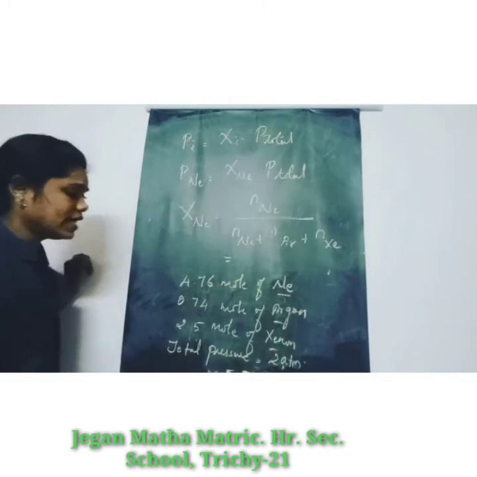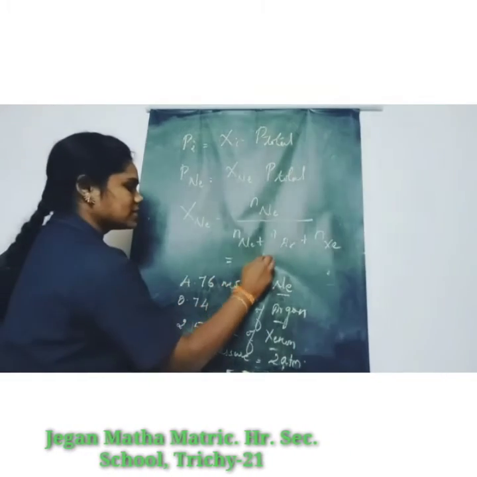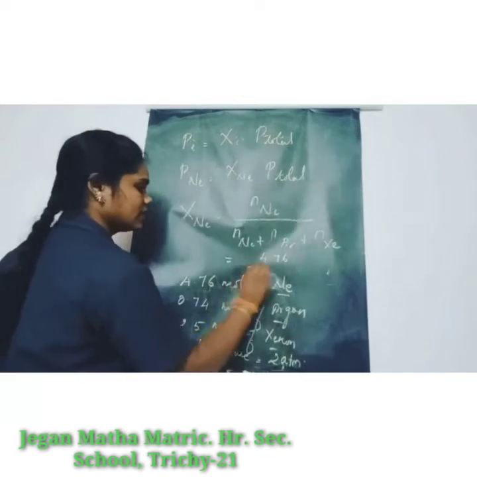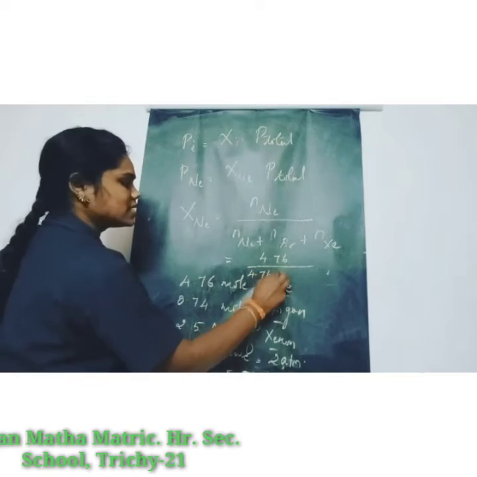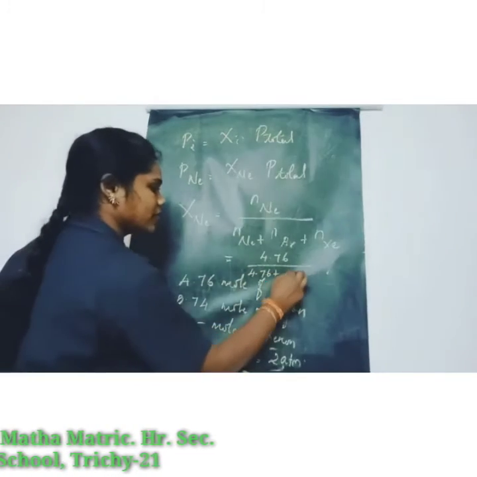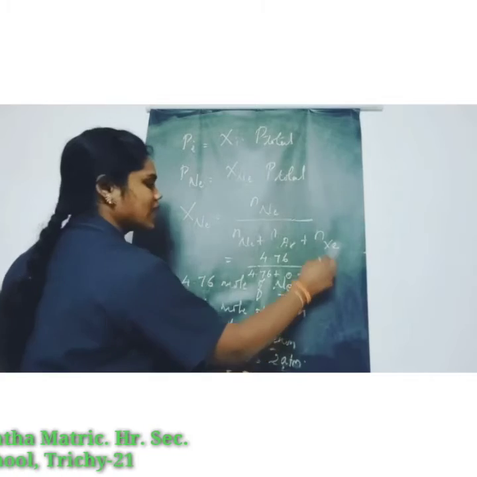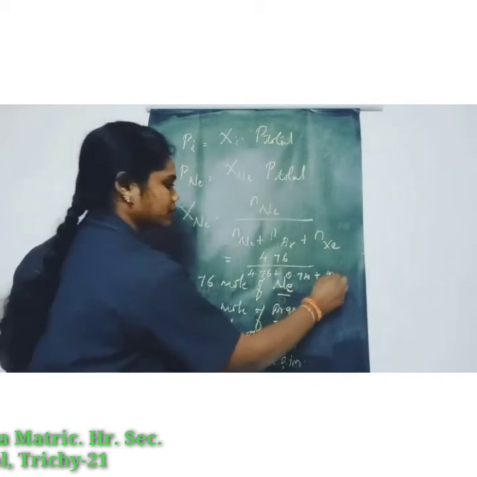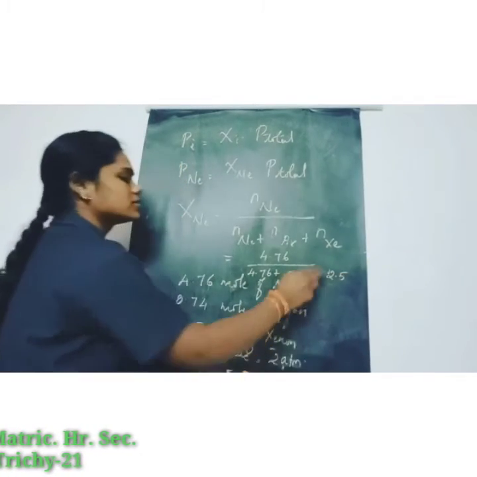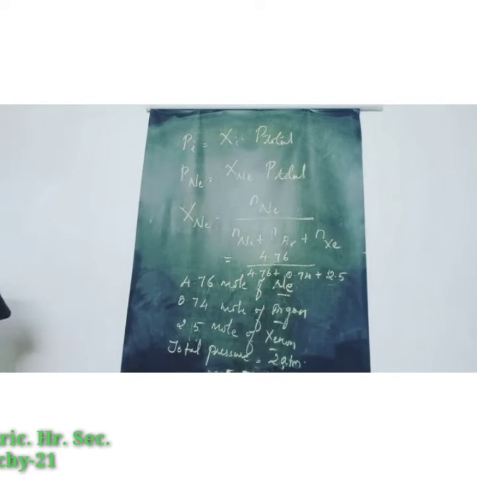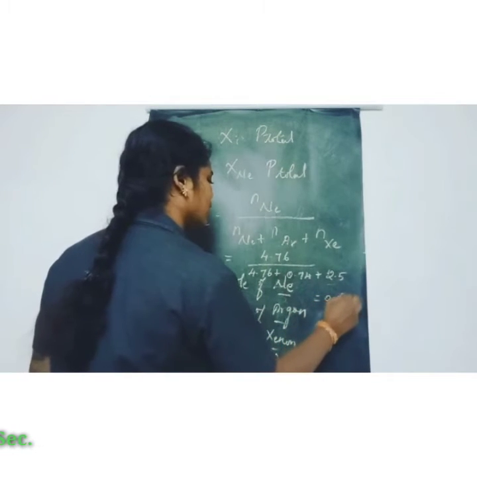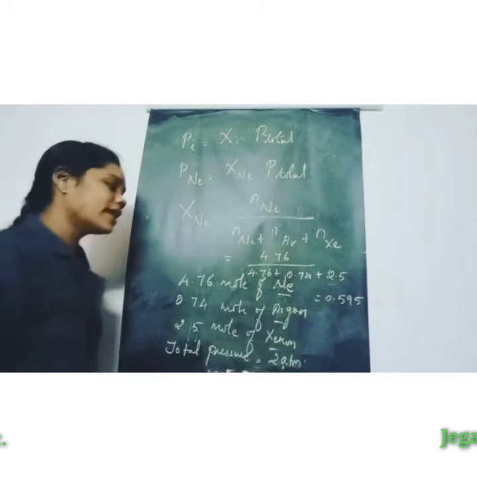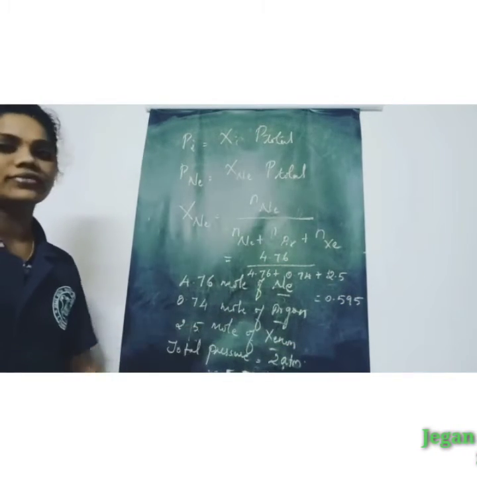Okay, so N neon value is 4.76 divided by N neon 4.76 plus N argon 0.74 plus N xenon 2.5. So simplify this term, we get the final answer 0.595. So here 0.595.